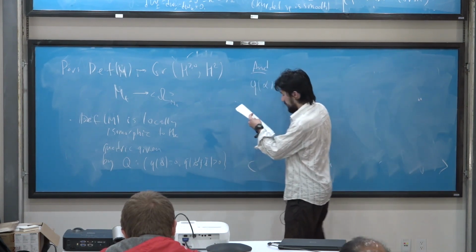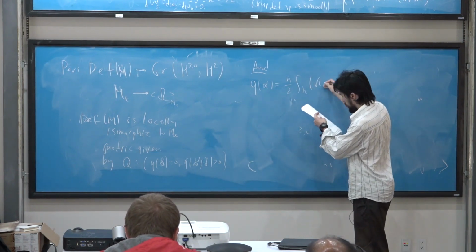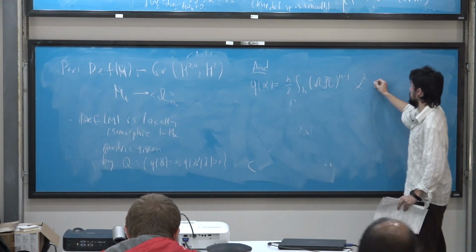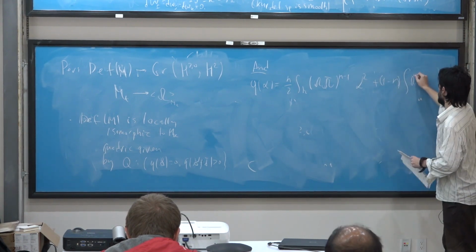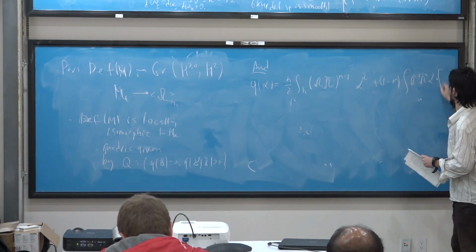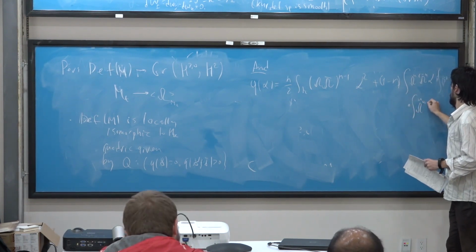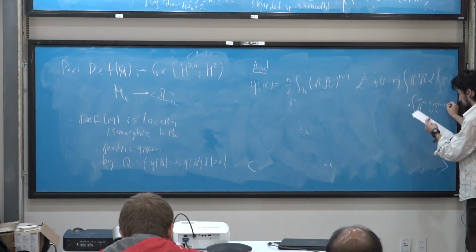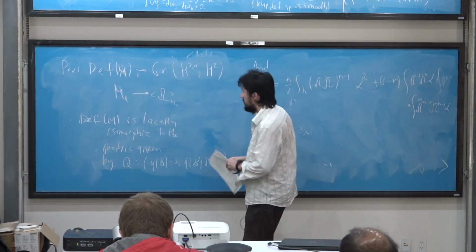Q of alpha is n over 2 times the integral of omega bar to the n minus 1, omega to the n minus 1 times alpha squared, plus 1 minus n times the integral of omega to the n minus 1, omega bar to the n, alpha, times the integral of omega to the n, omega bar to the n minus 1, alpha.